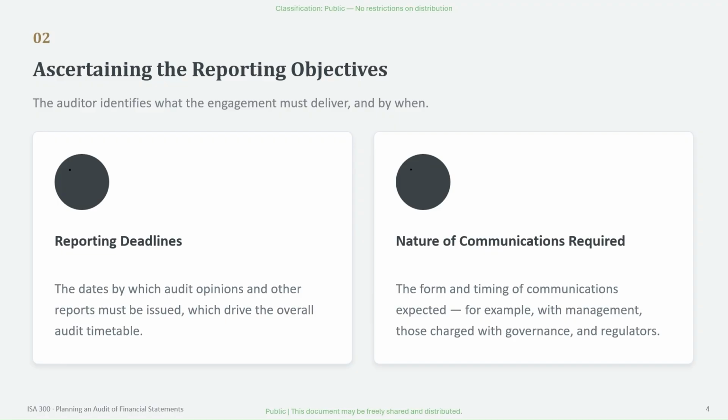All right. Step two is ascertaining the reporting objectives of the engagement. This is really about the auditor asking, what do we need to deliver and by when? The first piece is reporting deadlines, the dates by which the audit opinion and any other reports need to be issued.